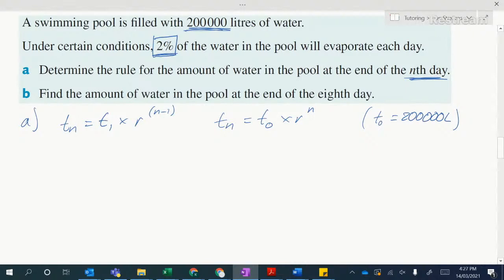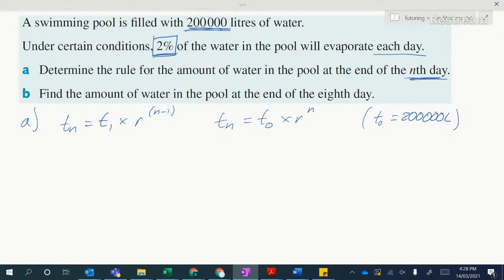Okay. Now, the reason I'm doing that is because I'm starting with an initial value of 200,000 litres, and then each day would be another term. So if I start at 0, then day 1 would be term 1, day 2 would be term 2, day 3 would be term 3.